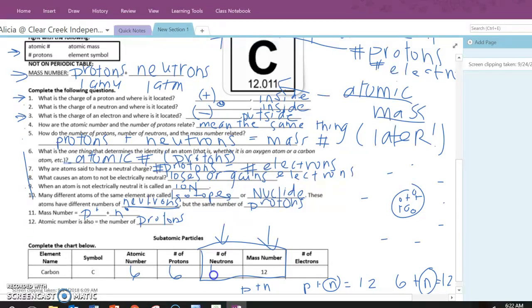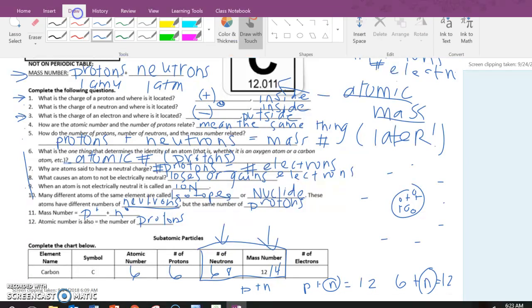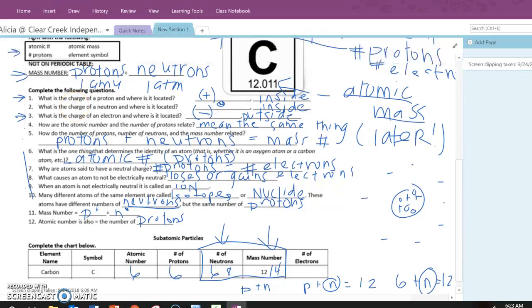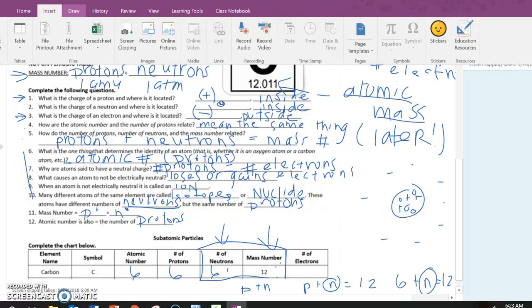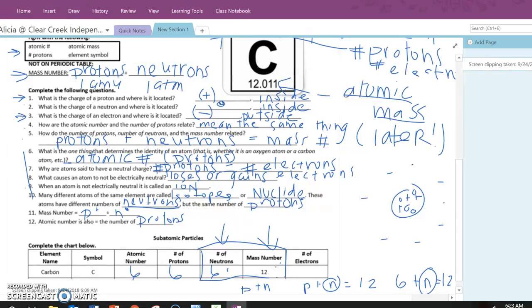I have 6. If my mass number had been 14, I would have had 8. If it had been 15, I would have had 9. And again, we're going to practice that stuff together tomorrow.